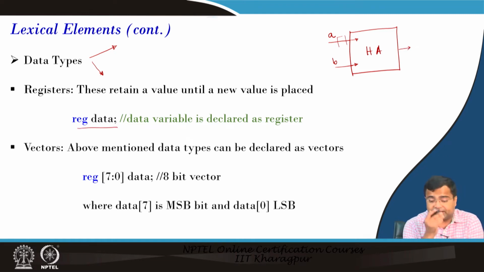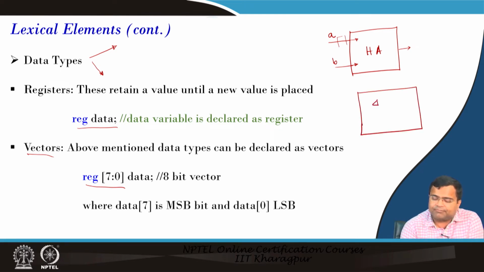Register type data is just for storing, and it is typically used for synchronous circuits like a D flip-flop, or any type of flip-flop circuit, mostly sequential circuits. And as I said, for vector data, let's take a 4-bit adder as an example.